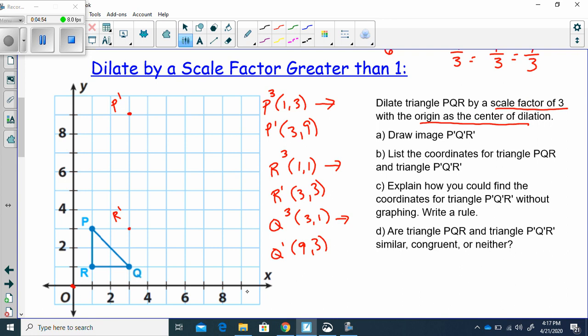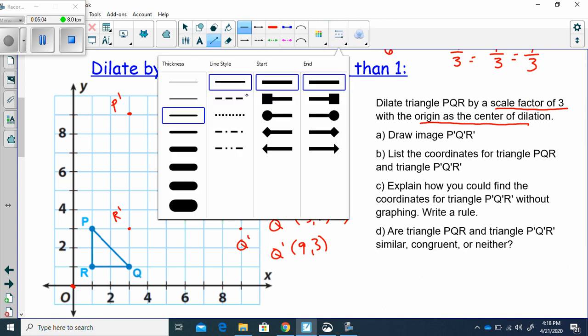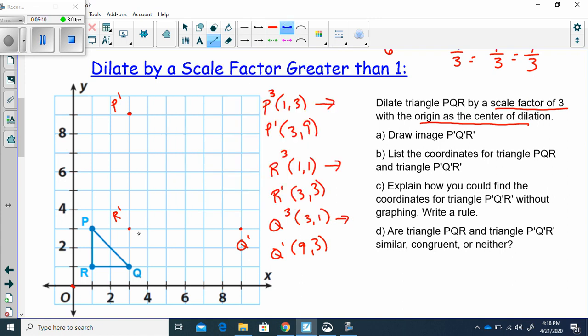So let's go out here to 9 and up to 3. 1, 2, 3. This is where our Q prime would be. Now we can draw our triangle. We're going to do this with some straight lines here. Let's do a straight line in blue so you can see it. I'm going to draw the triangle so we can see it.